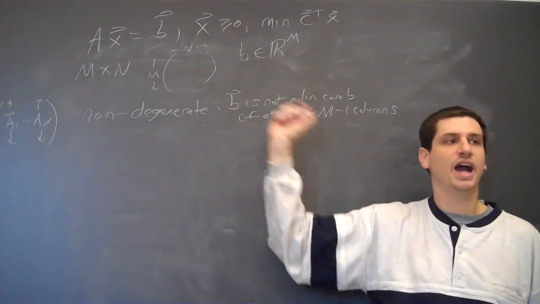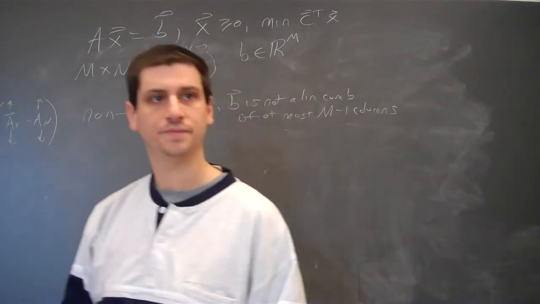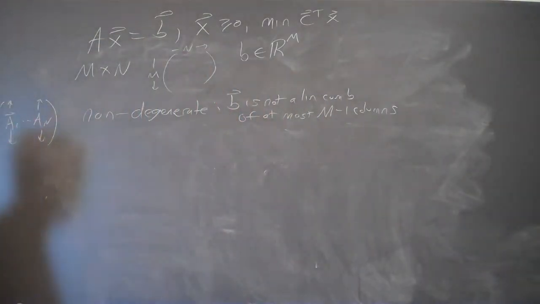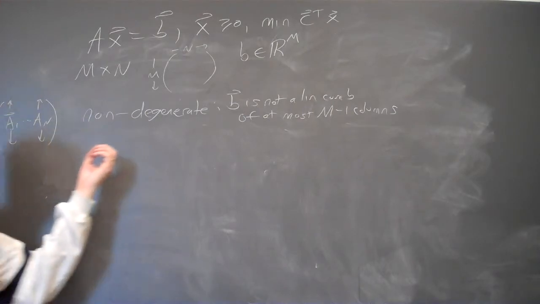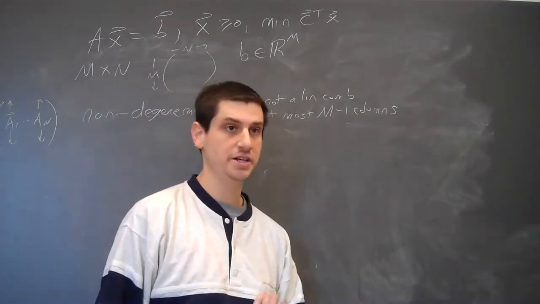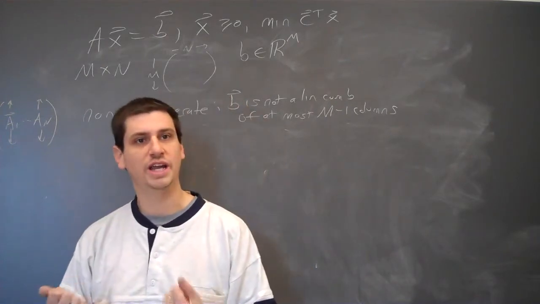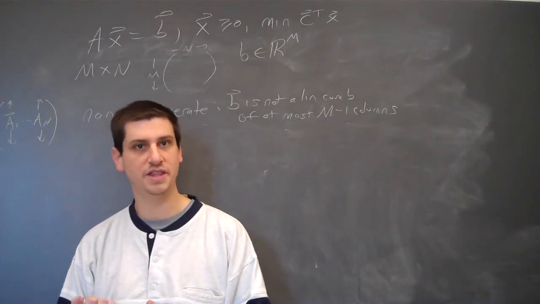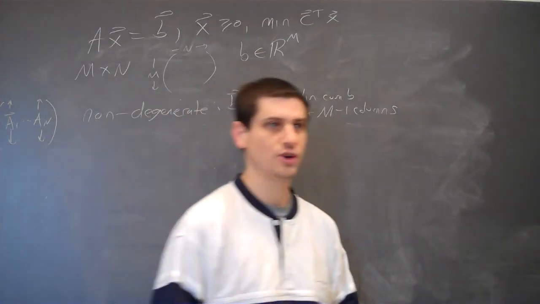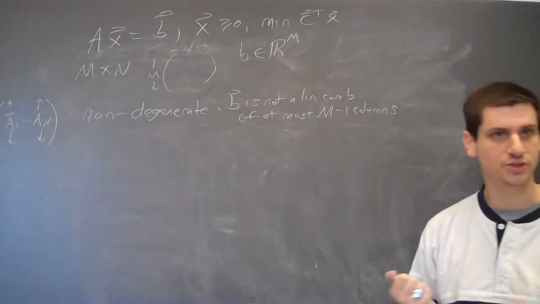Which is equivalent to saying, how many columns of A do I use in my linear combination? Well, if you have n columns, there's n candidates, but if I give you a basic feasible solution, it has m columns of A that are being used. So how many ways can I choose m columns from A?